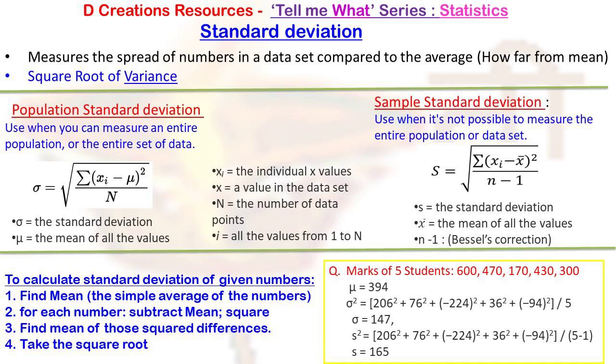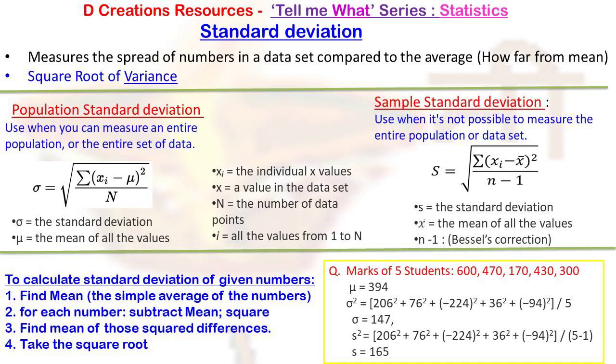Now, in order to get the variance, you need to find out how far away every number is from 394. So for example, first student got 600. So 600 is 206 away from 394.